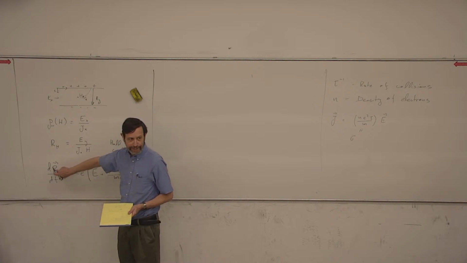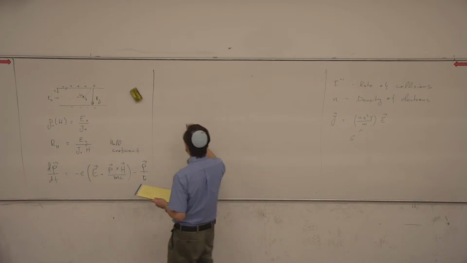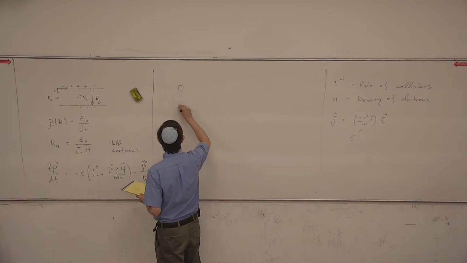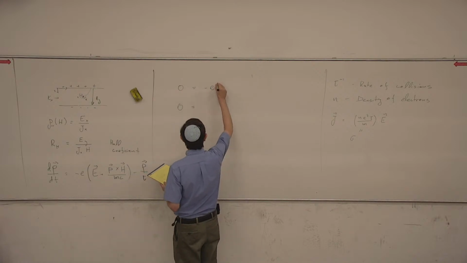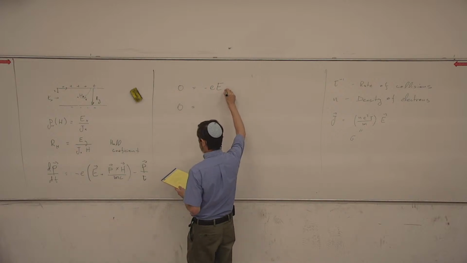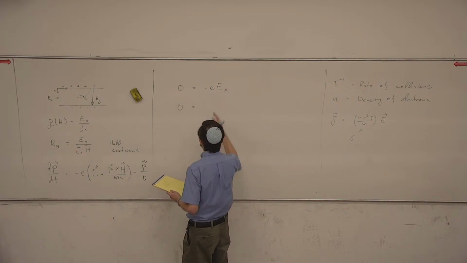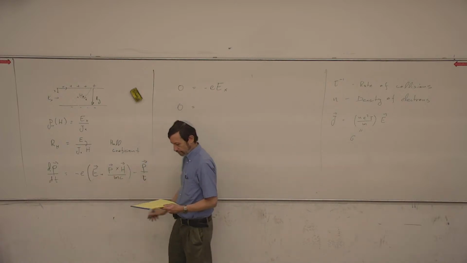So the derivative of Px and the derivative of Py are both 0. In the x direction, I have the x component here.